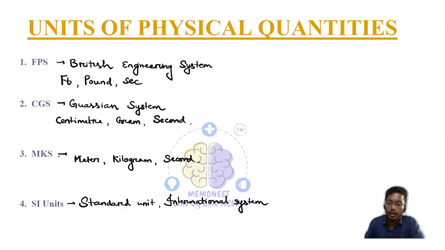In this, we take length as meter, weight as kilogram, and time as second. It correlates with the MKS system, because it is just a modification of the MKS system. In the MKS system there are 4 fundamental quantities and 2 supplementary units are also added in the SI units.